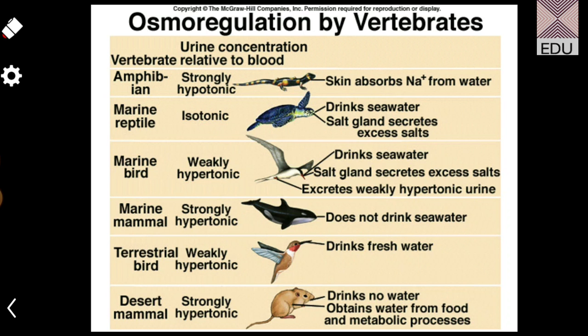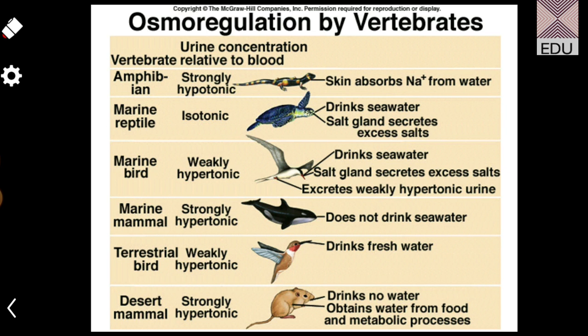Now this particular slide is giving you the osmoregulation by different kinds of vertebrates. If we go by the examples, suppose you take a lizard or an amphibian, first of all, it is living in a strongly hypertonic medium.